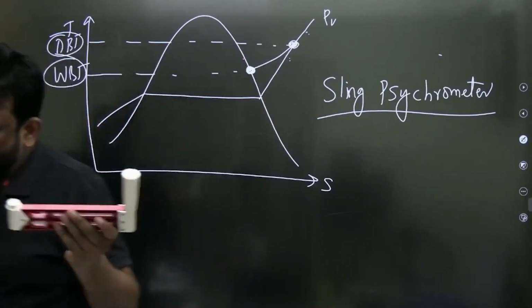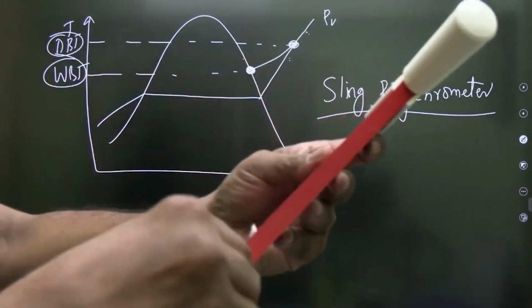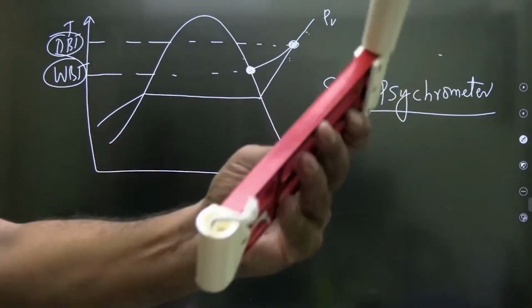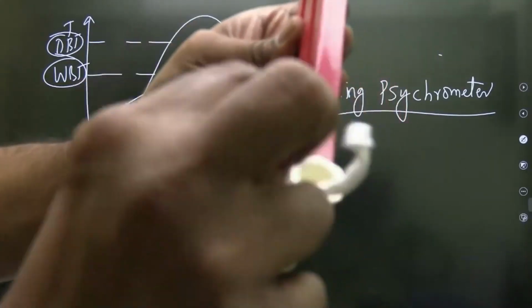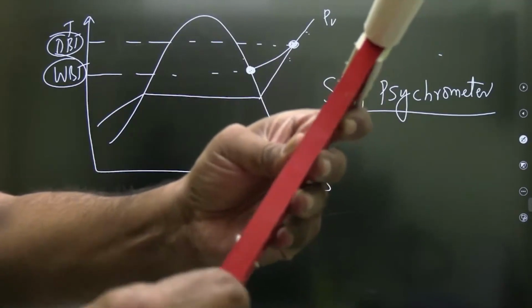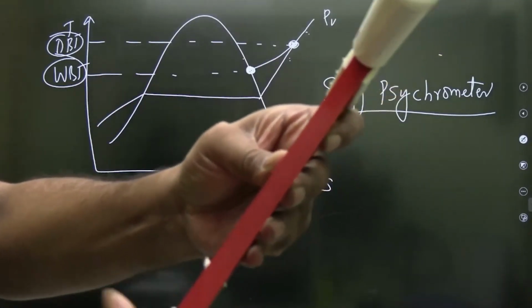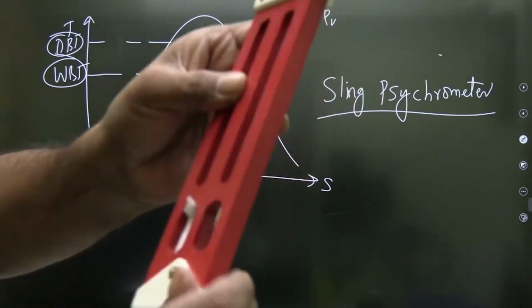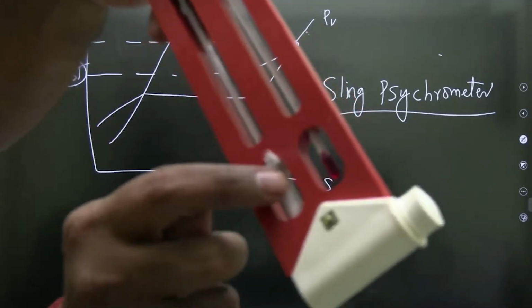I'll open it, and in this is the cloth. I'll pour water to keep it completely saturated and I'll close it. Now I have closed it. This thermometer is recording dry bulb and this is recording wet bulb.